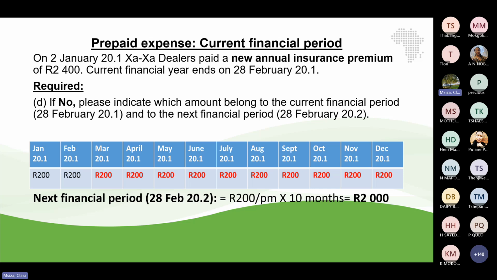You can have your paper and pen when you do the assessment and your calculator to draw your timelines, especially when you've got information. The information will already tell you if there's an adjustment that needs to be made for the current period. So if you are doing your timelines properly, you will see if there's a prepayment, accrued income or accrued expense, and whatever you are dealing with. So it will make your life easy.